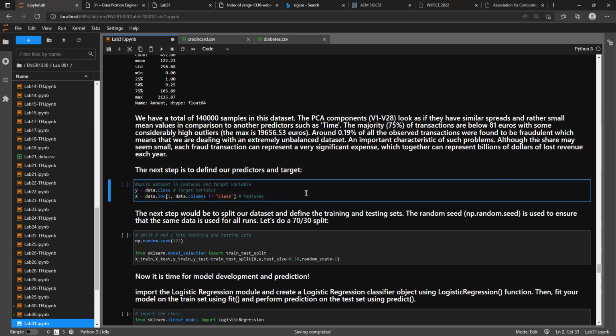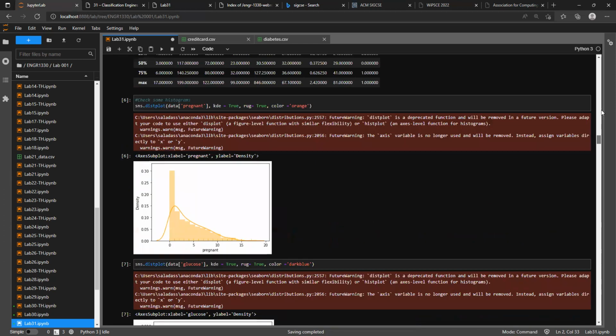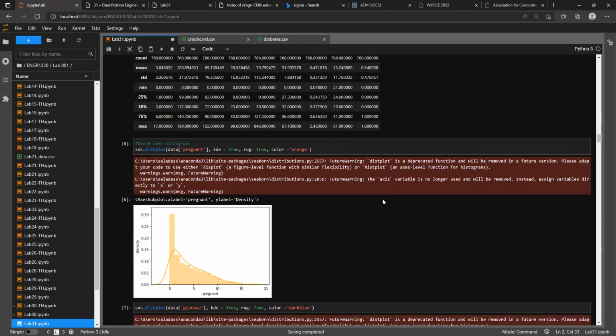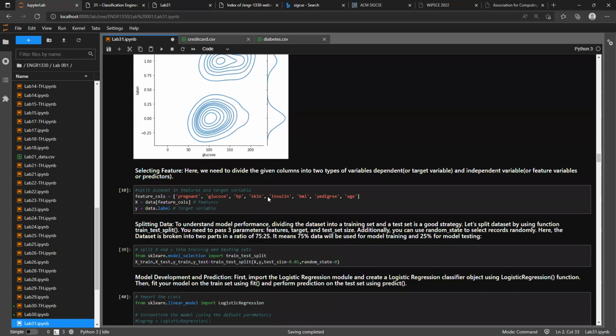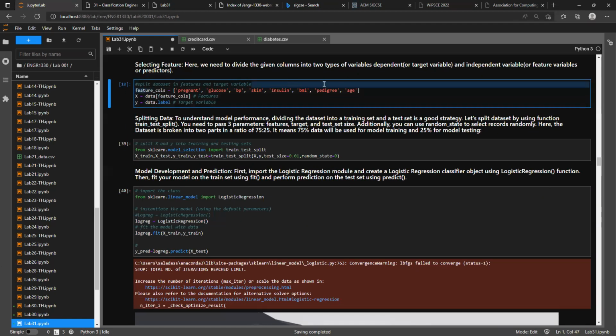So this is all the same stuff we did before. So here, these are the predictors, and this is the target.